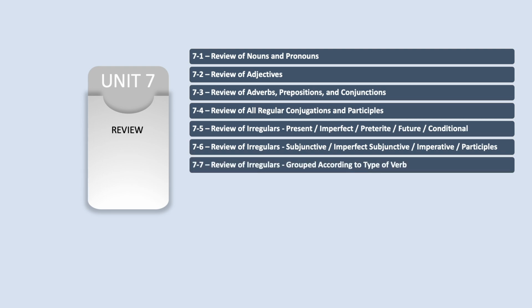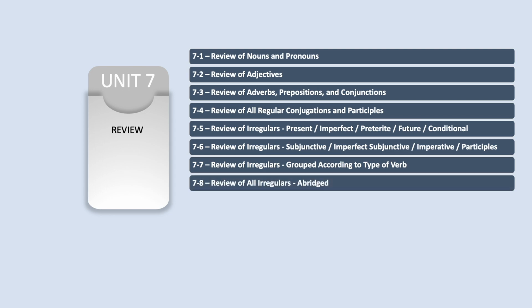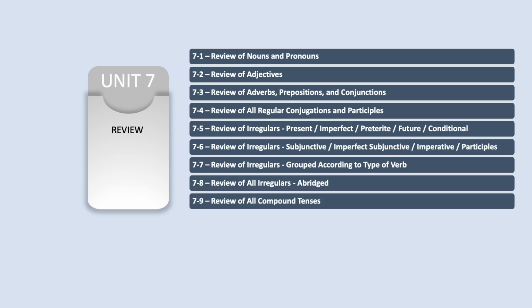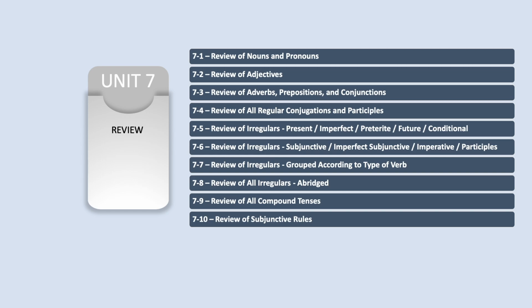And then we have the review of irregulars, grouped according to the type of verb, rather than the tense or mood, like the two previous lessons. We will then have an abridged review of all irregular verbs and their conjugations, a review of all compound tenses, and a review of subjunctive rules.